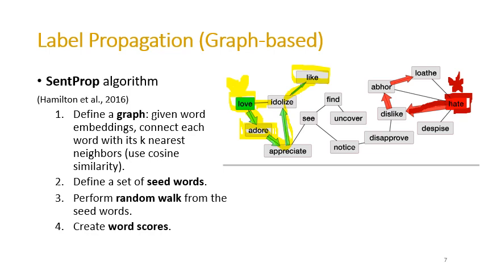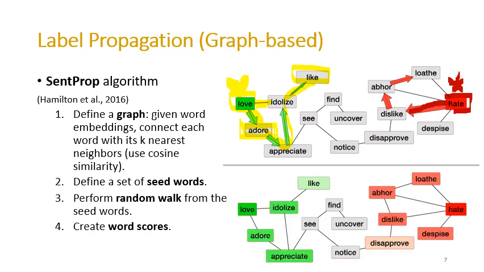So this is kind of a simulation. You run this simulation a lot of times until finally you can get the average of the total of positive and negative score that a word receives. So the result would look something like this. You will see that the words idolize, adore, and appreciate are more positive than like.